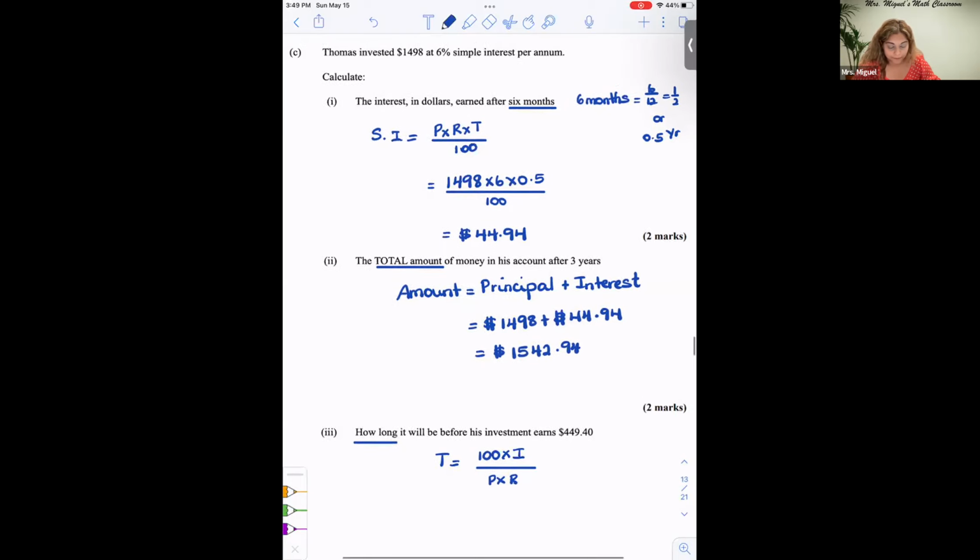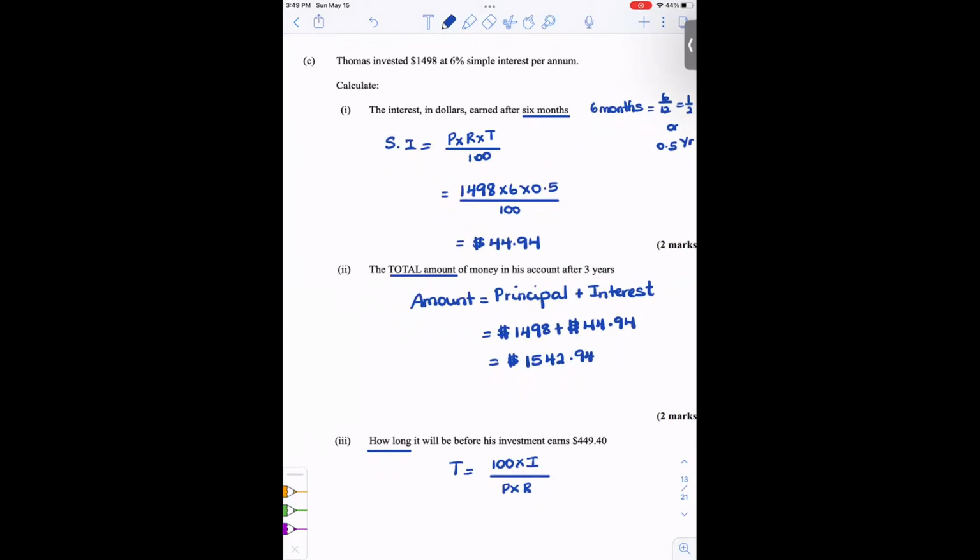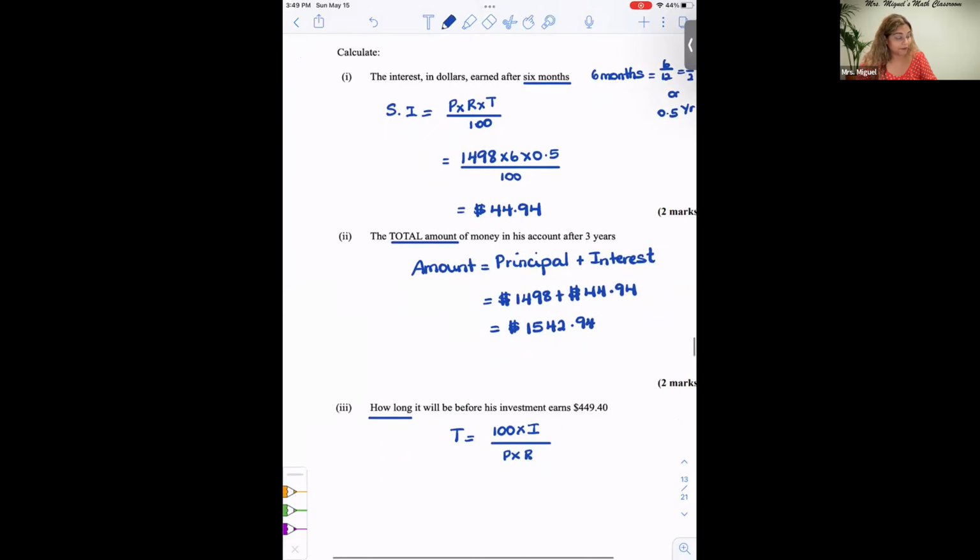Yes, miss. Right. So the next one, how long will it take to invest so that we can get $449.40? The variable we are finding is time.